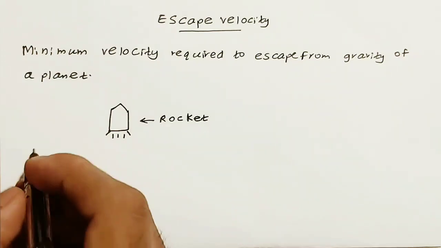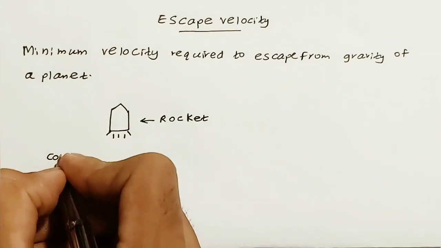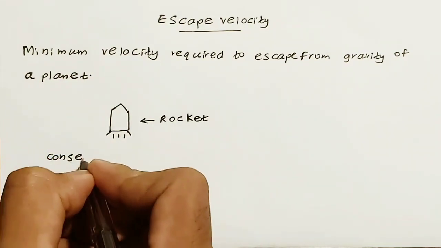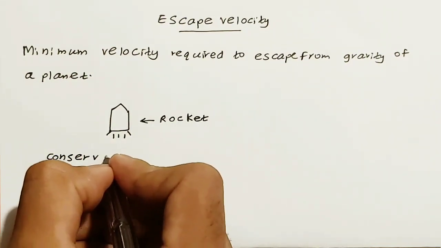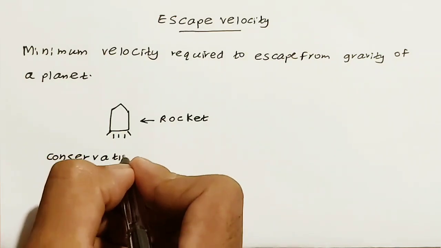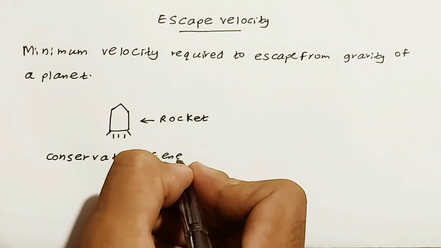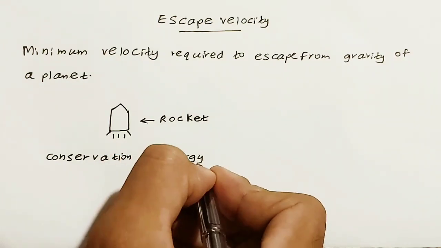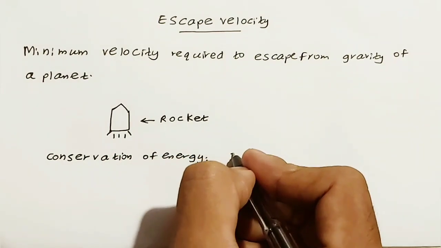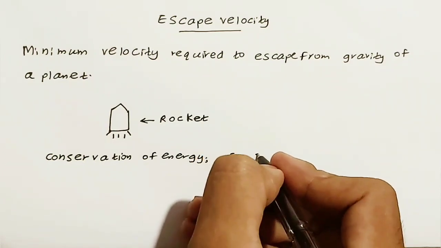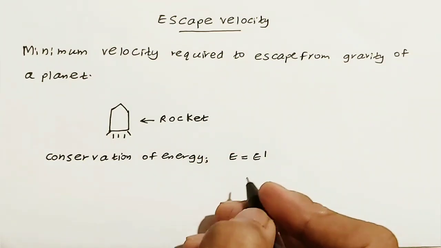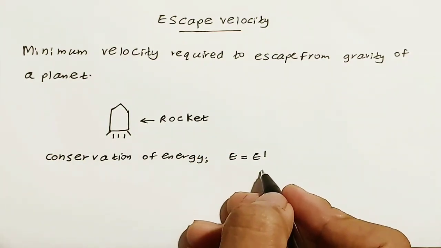From the conservation of energy, we know that the initial energy is equal to the final energy. So we apply the same principle here, where E is equal to E dash. E is the initial energy whereas E dash is the final energy.